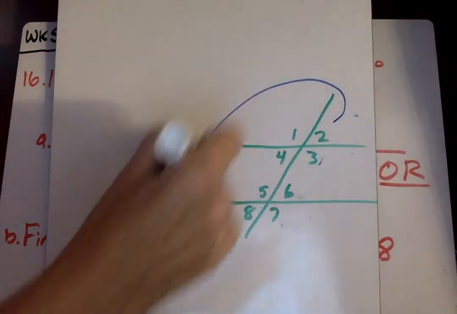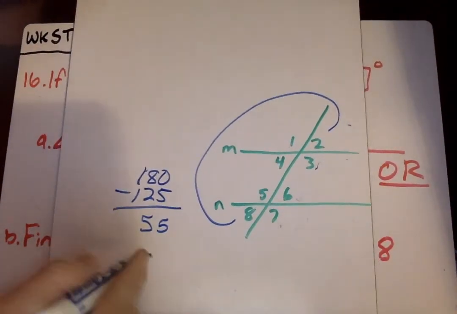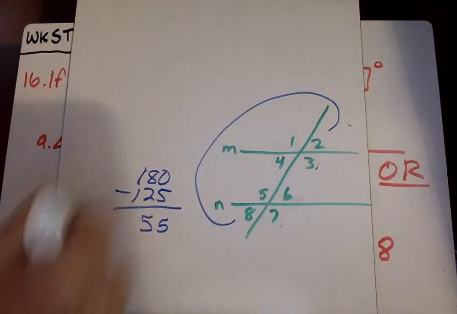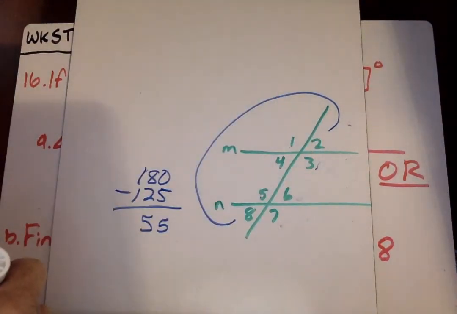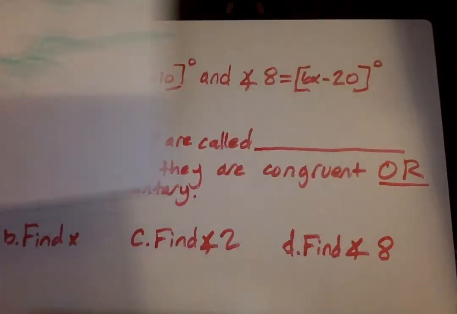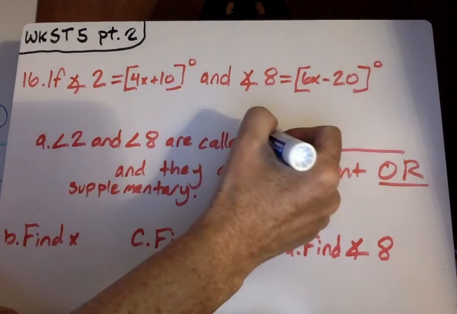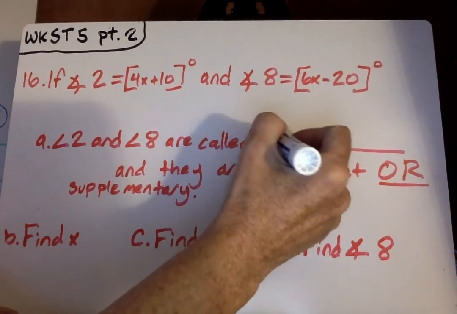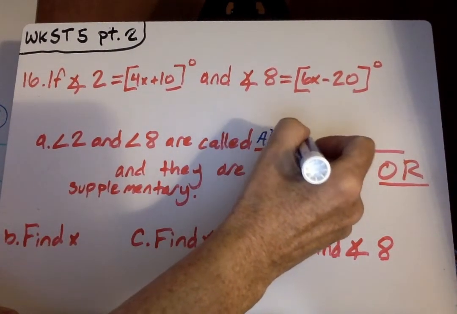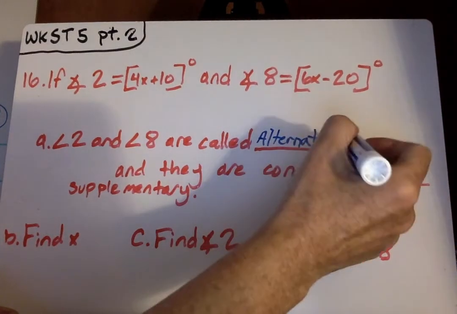So 2 and 8, they're going to be opposite exterior angles. Or alternate exterior angles, I guess, is the better way to put it. So I write that they are alternate because they're on alternate sides of the line. And they're on the outside, so they're exterior.